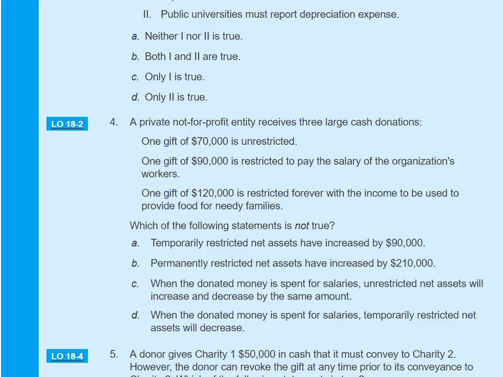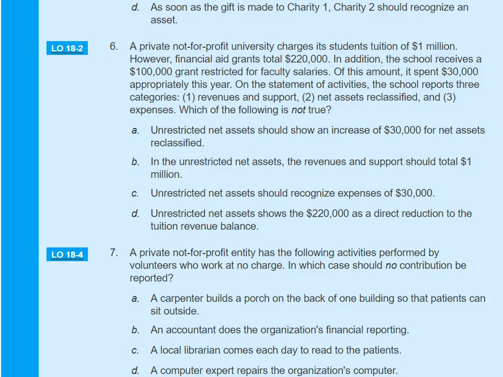Now, let's see another example. Now see this number 6, we have some numbers here. Let's read the problem. It says that a private not-for-profit university charges its students tuition of $1 million. However, they are giving some grants, which is $220,000. In addition, the school receives a $100,000 grant restricted for faculty salaries.